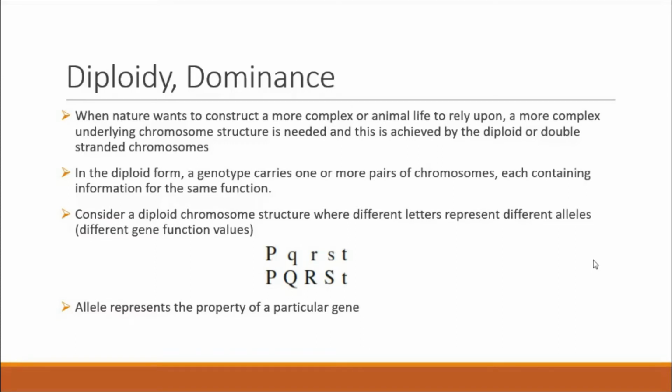So let us consider a diploid chromosome structure where different letters represent different alleles, that is, different gene function values. In this case, P, Q, R, S, and T are the different allele values. Capital P is there as well as small p. Capital Q is there, small q is there.